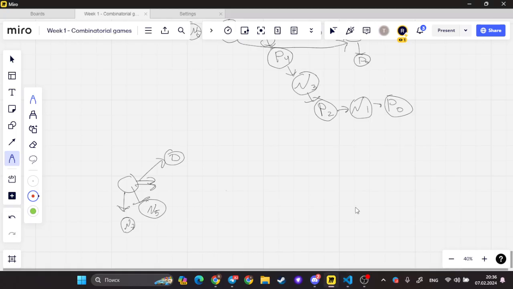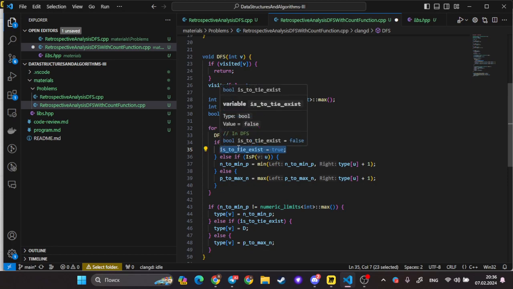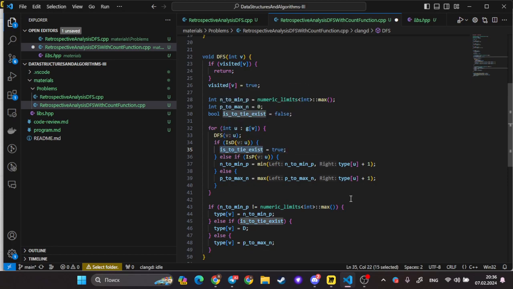But if he finds any d vertex, that means he can move, he can extend the game forever, and it means we need to support this boolean.